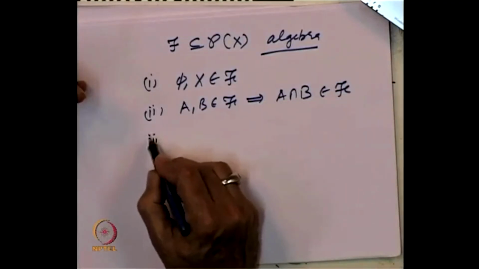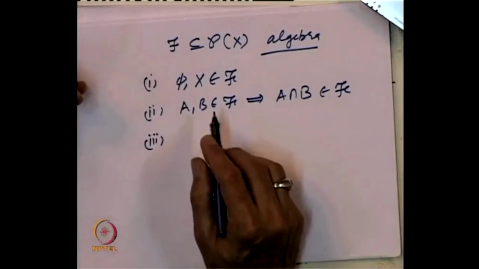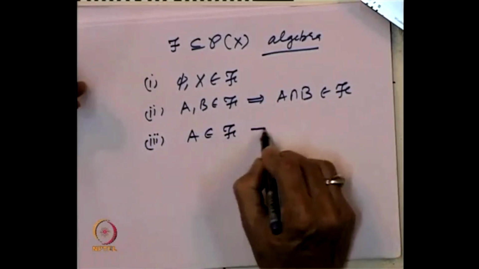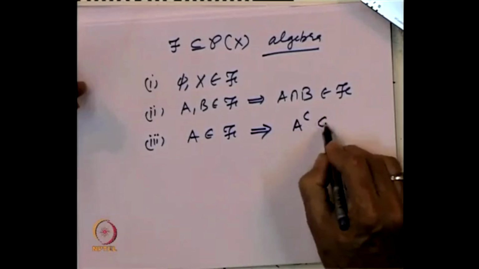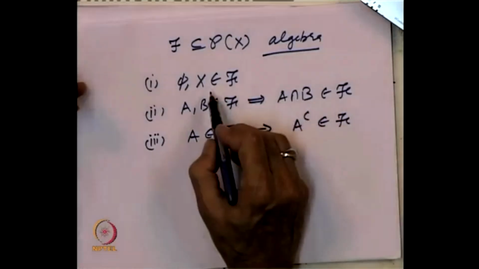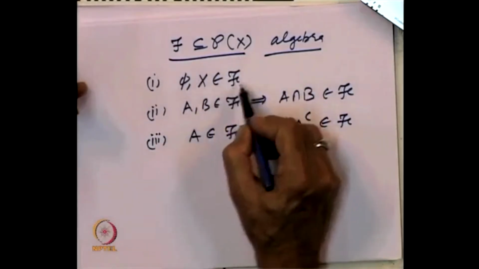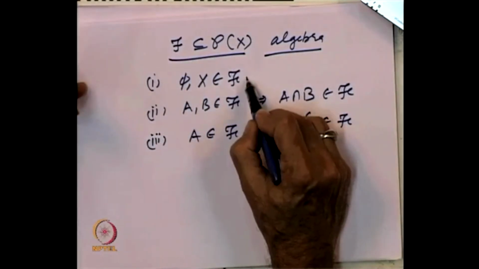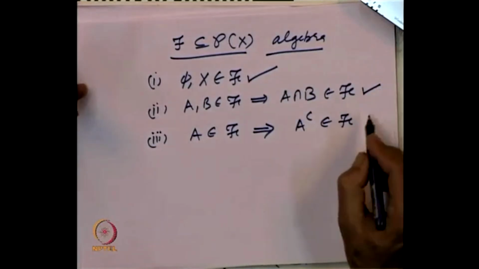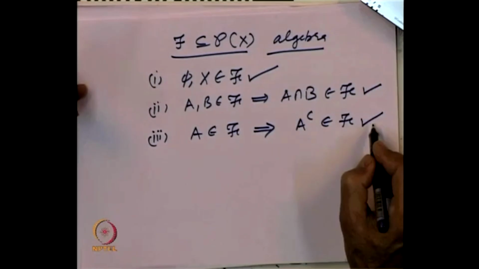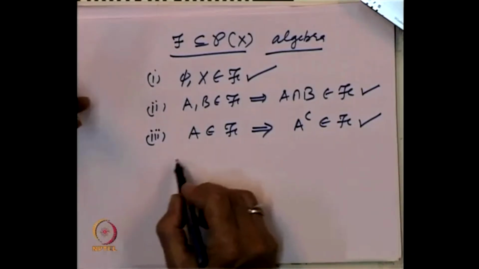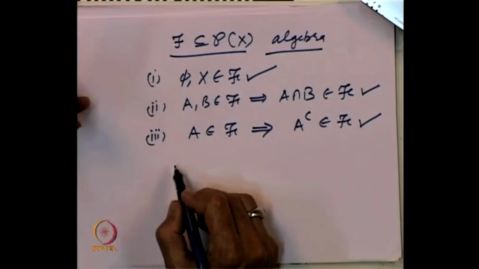And the third property, which is different from the semi-algebra and a bit stronger, is whenever a set A belongs to F, this should imply that A complement also belongs to F. So an algebra of subsets of a set X is a collection of subsets of X which includes the empty set and the whole space. It is closed under intersections and it is also closed under complements. And the last time we looked at some examples of algebras and semi-algebras.